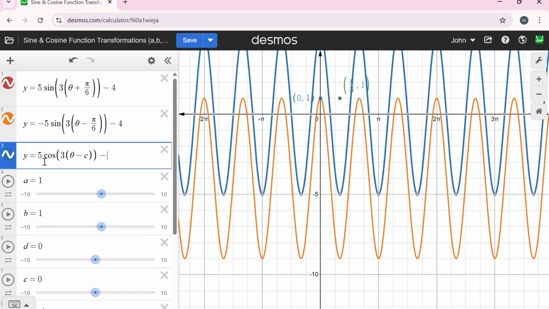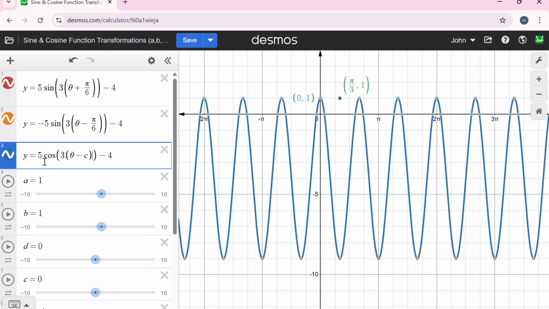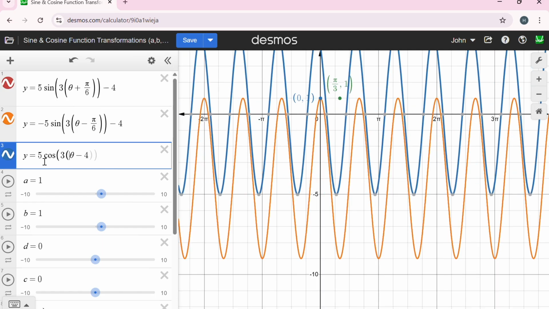D value is minus 4. Okay, right away we can see that it's already in phase, right? So there's no shift to be done, and that's what we recognize right away when we make the cosine version of this, that if we plug in a C value of 0, it doesn't change anything.